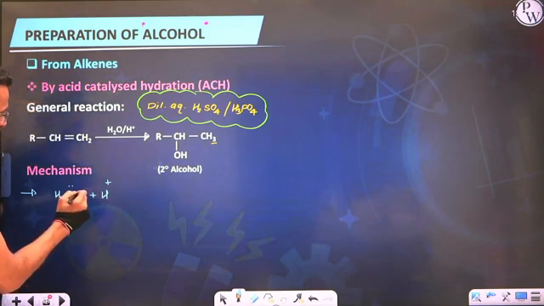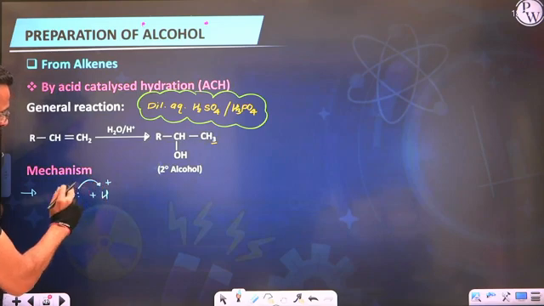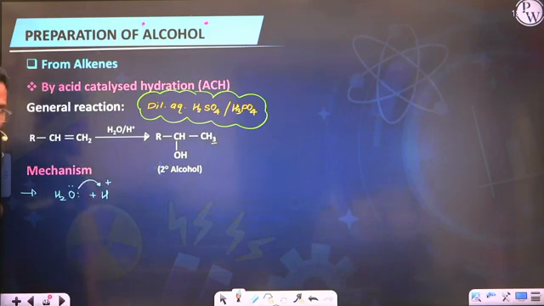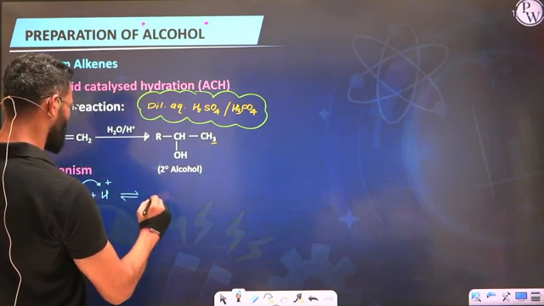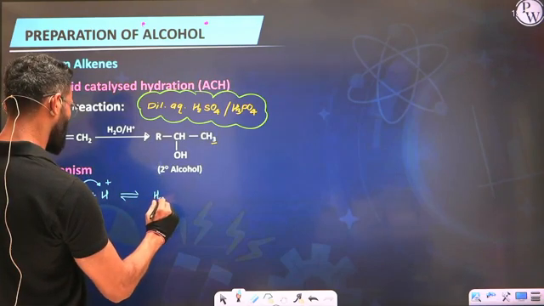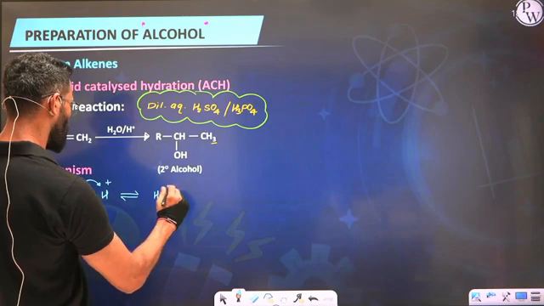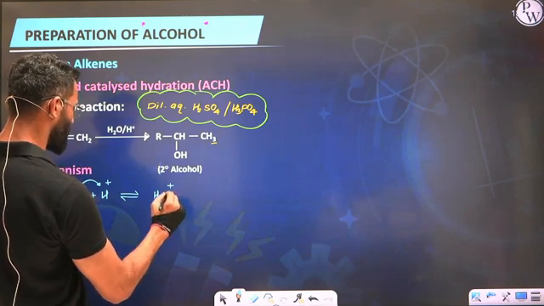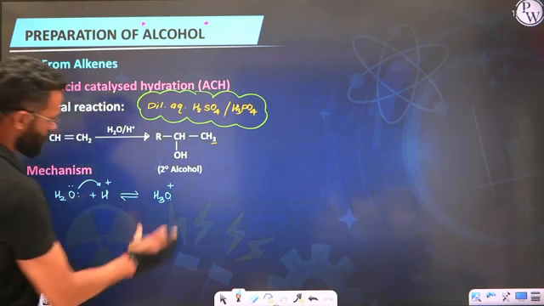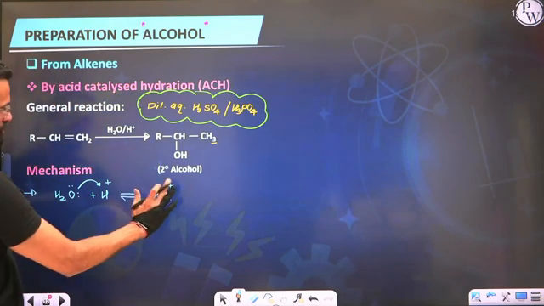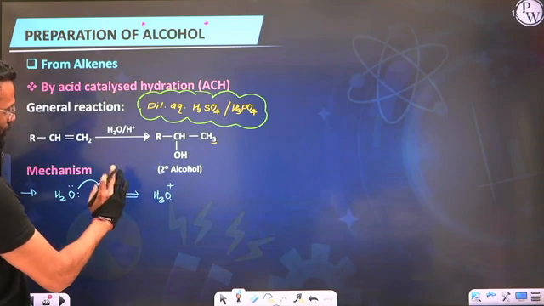Lone pair on oxygen indicates it is electron rich. So it is very certain that the lone pair of oxygen will attack at H plus. So the nucleophile is attacking the electrophile, and that results in the formation of H3O plus with one lone pair intact. Right, everyone? Now this H3O plus, which is of course a source of H plus ion, will be attacking an alkene.